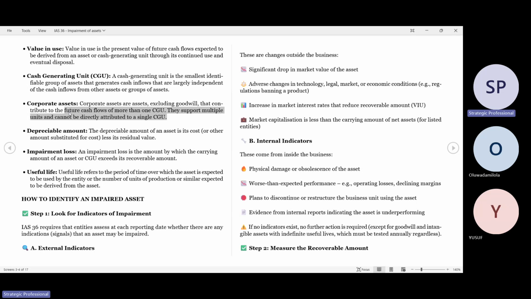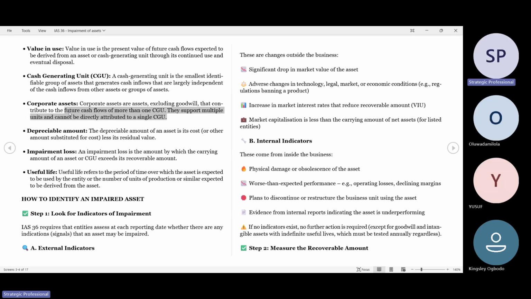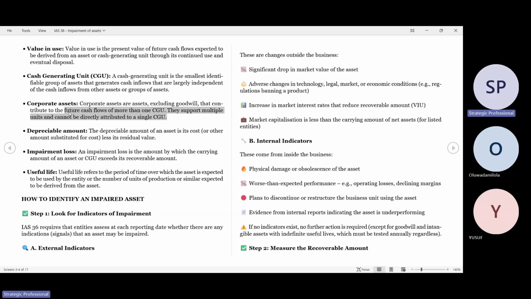It's not standalone. It supports multiple units, because without the IT infrastructure, company A or company B would not function effectively. So IT infrastructure, a building shared by companies. In some other cases too, research and development facilities. Those are corporate assets.